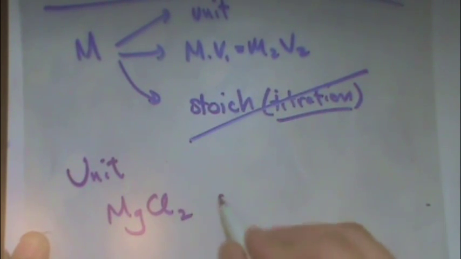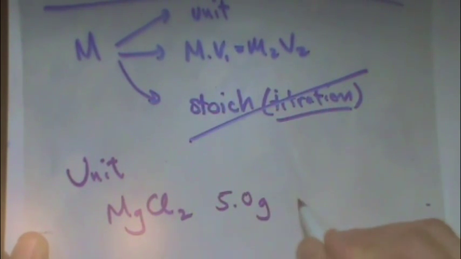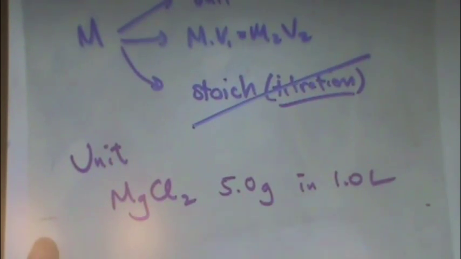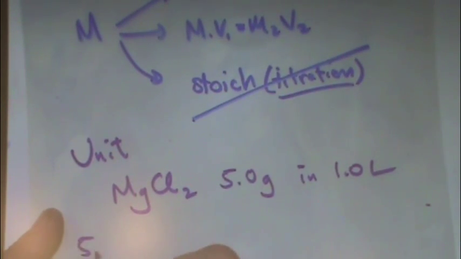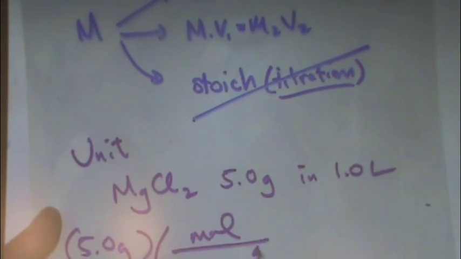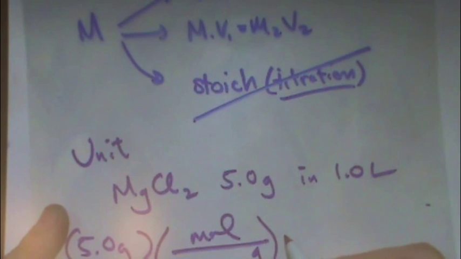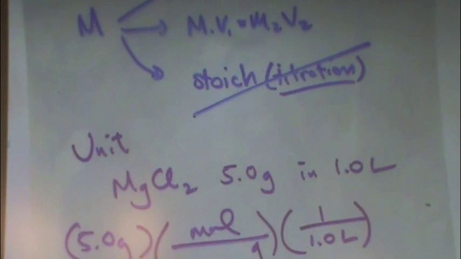I would say I have 5 grams of it in 1 liter of solution, and I want to know the molarity. This is a conversion problem. So you go, say 5 grams, multiply by the molar mass, I'll let you find that, and then that would be the moles, and I'd divide by the volume, 1 liter. So it'd be that kind of problem. This would be the molarity of what?